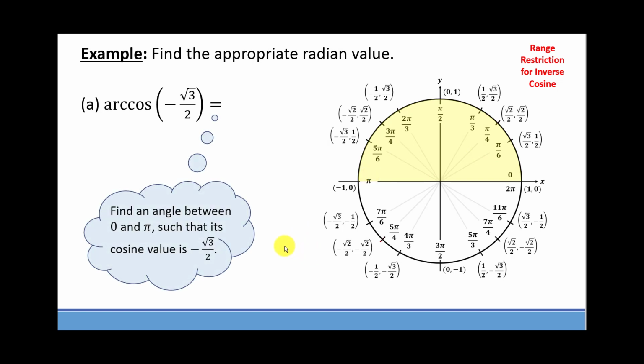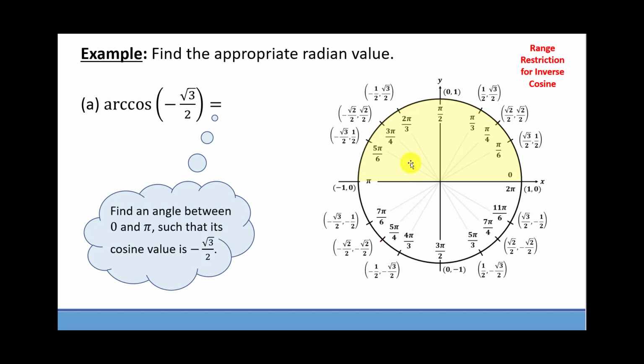If I put this all together, then this is what I have to do. I need to find an angle between 0 and pi such that its cosine value is negative radical 3 over 2. So now I have to look at the unit circle a bit closer. What angle between 0 and pi has cosine value negative radical 3 over 2?